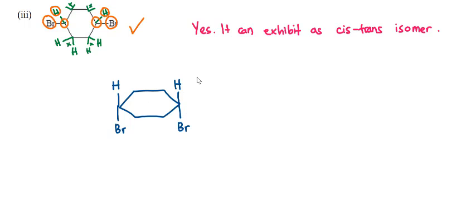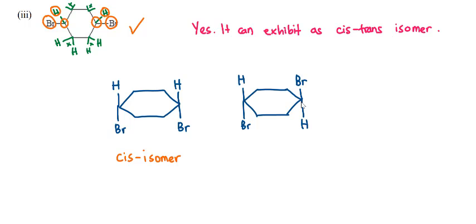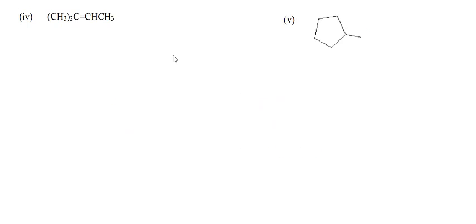Since these 2 hydrogens are side by side, it is a cis isomer. For the trans isomer, just change the position of Br and hydrogen for this carbon and label it as the trans isomer.